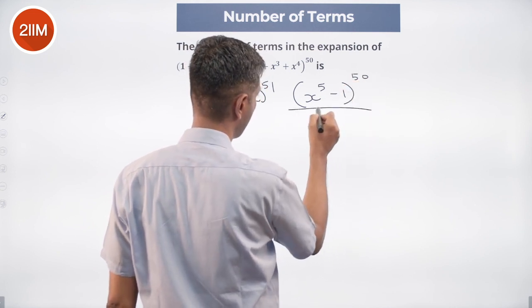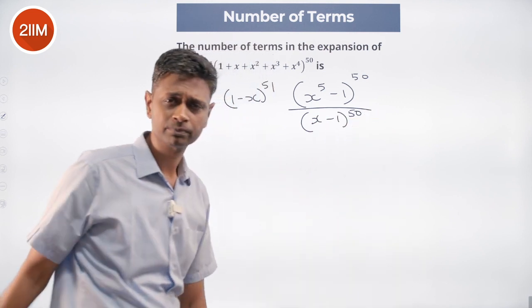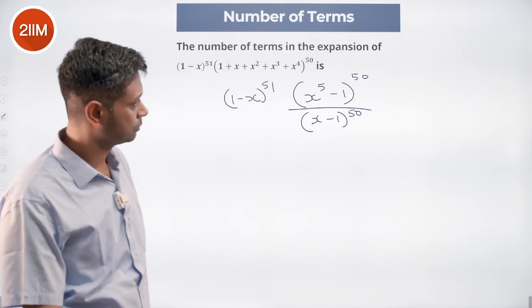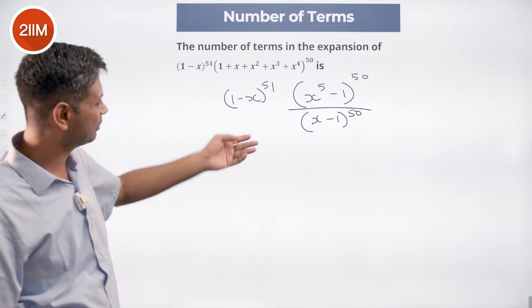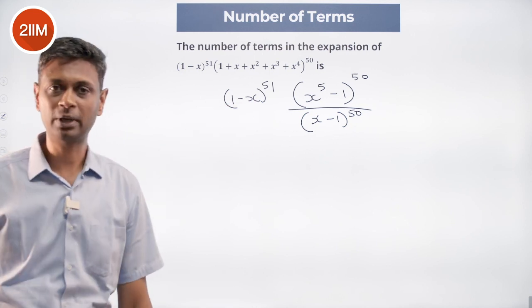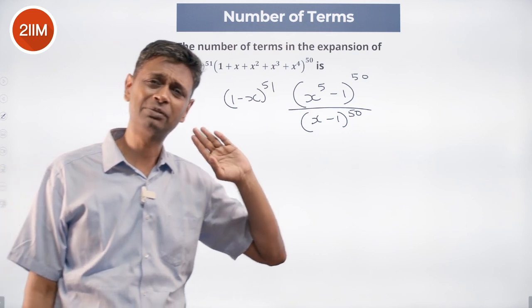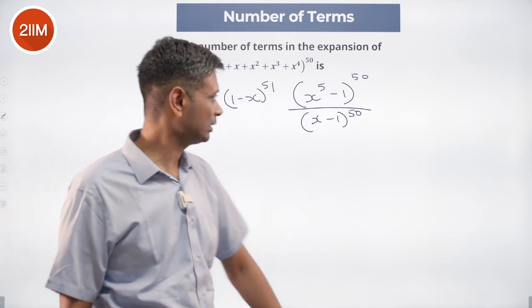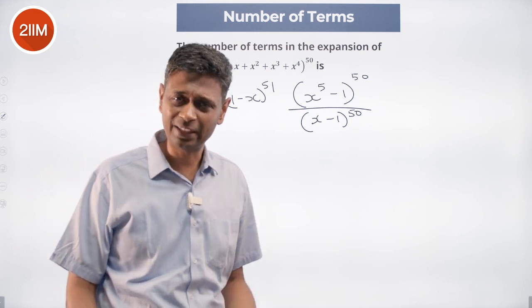Brilliant. 1 minus x power 51 and x minus 1 power 50, we got it. Or we can write it as 1 minus x power 5 whole power 50, either way is fine.